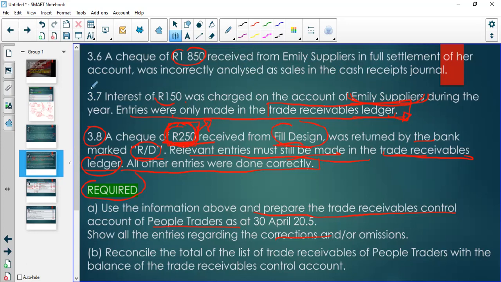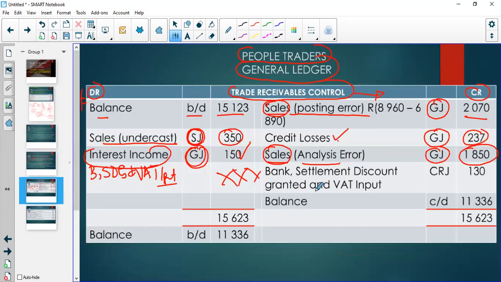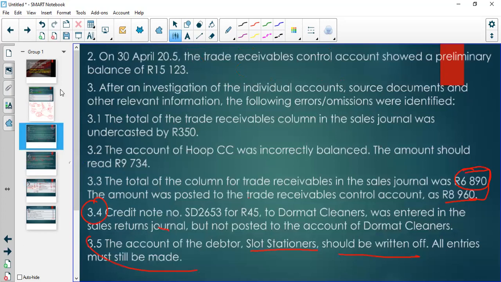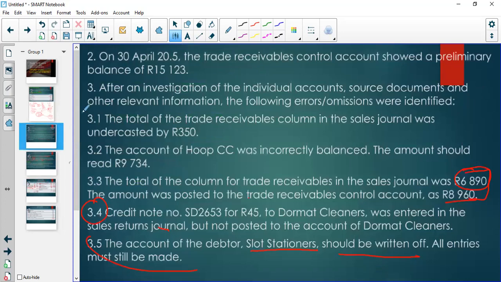Right, so I see here, did I jump something? Oh, sorry, there's a credit note was entered in the sales returns journal. So I have to check this and look at how much. Where am I getting this 130? Because I have to explain that.